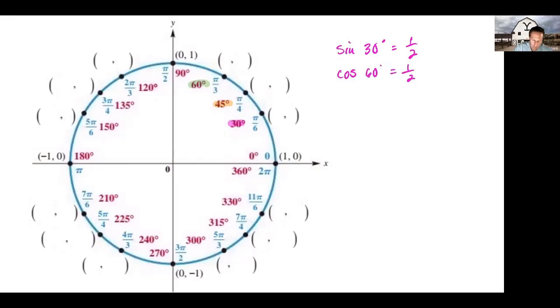And if I know that, then I also should know that the sine of 60 or the cosine of 30 would also be equivalent to the other 30, 60, 90 value that we dealt with a lot, and that's √3/2. And then lastly, the sine and cosine of 45 degrees would be equal to √2/2.